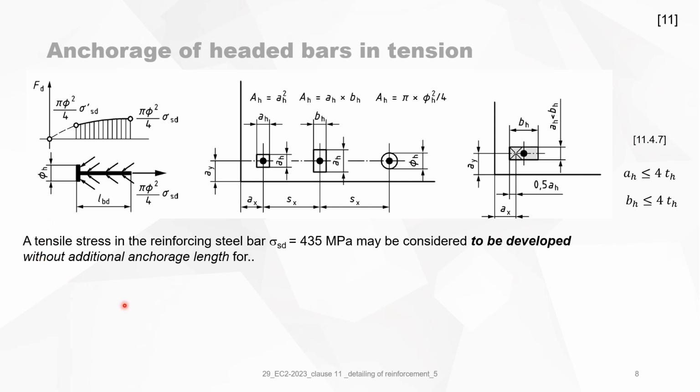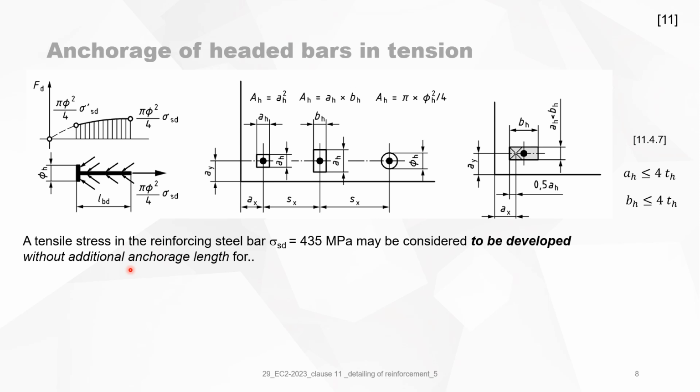A tensile stress in the reinforcing bar sigma SD equal to 435 megapascal may be considered to be developed without additional anchorage length. So if you have a headed bar in tension, then you can consider that the tension in the rebar of 435 megapascal can be developed without taking into account LBD.